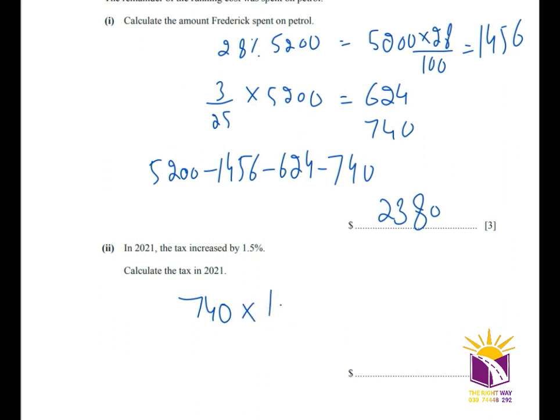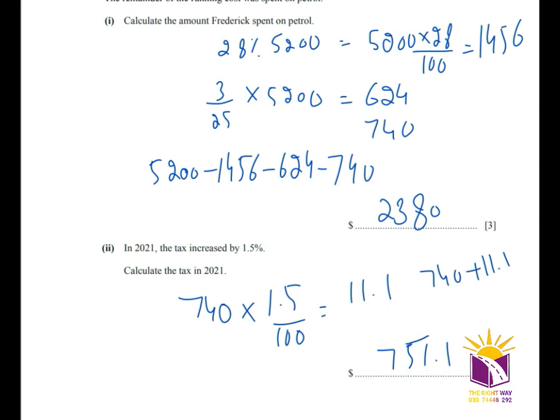So 740 multiplied by 1.5 divided by 100 is equal to 11.1. So now the tax will be 740 plus 11.1, which equals $751.1. Now the tax is $751.1.